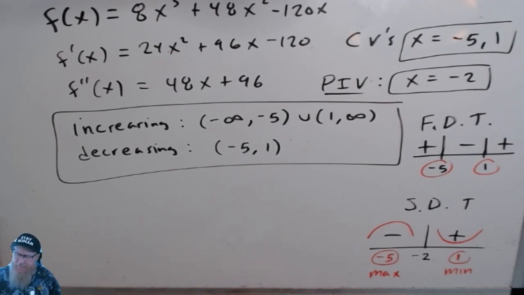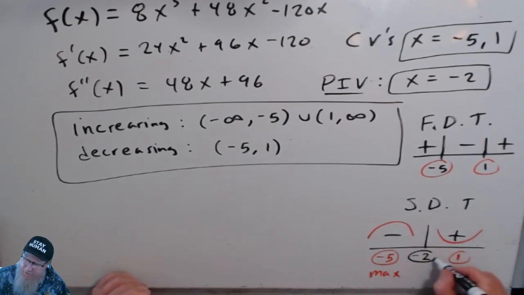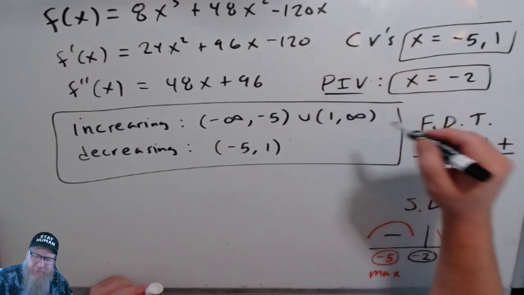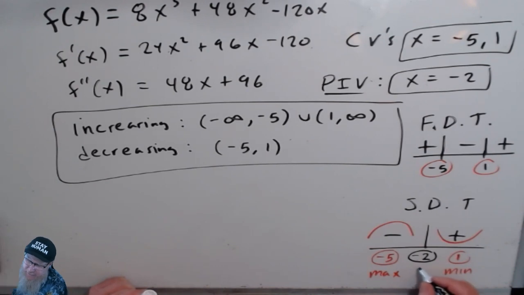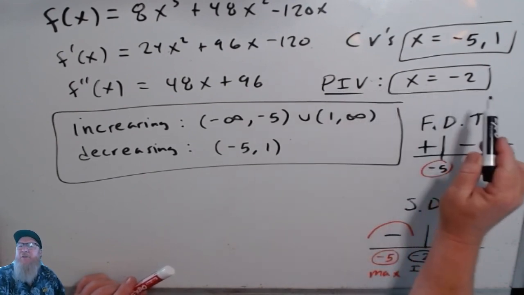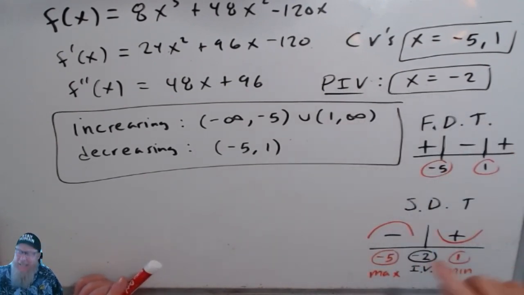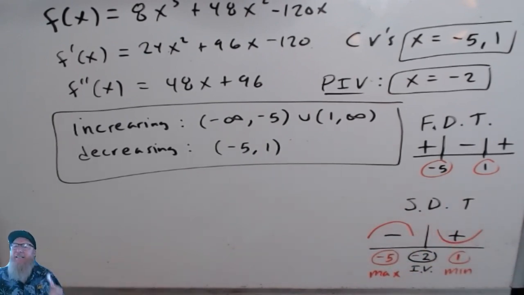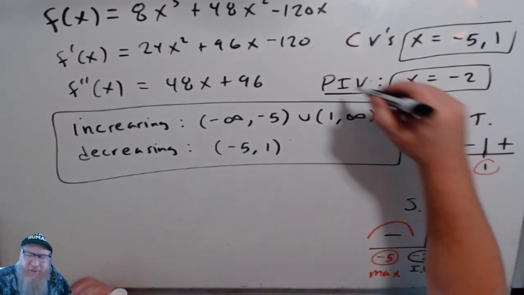Yeah. And then -2 is a PIV, possible inflection value. It's a possible inflection value until you test it. If it changes from positive to negative or from negative to positive, then it is in fact an inflection value.